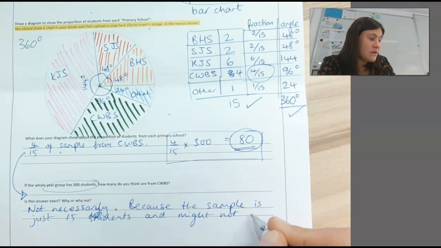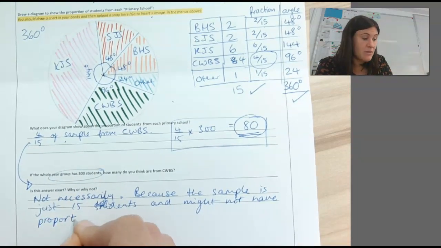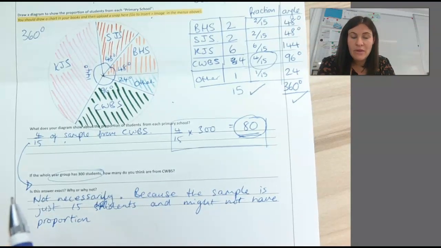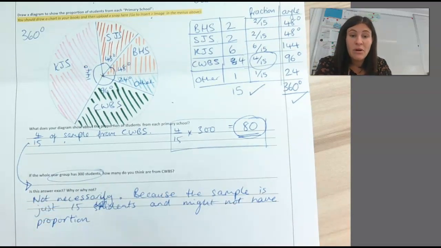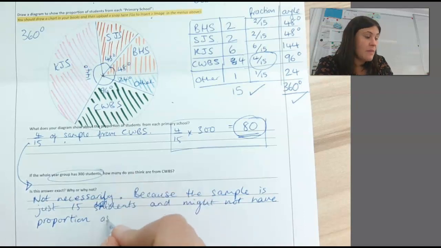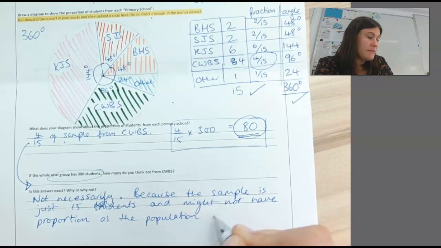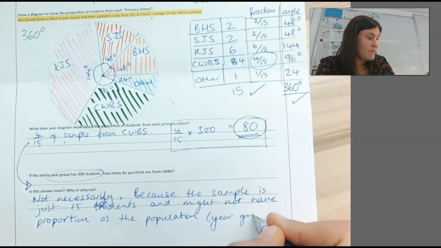Now, you don't have to put it in those exact words, but words that reflect the same idea, understanding that within a sample we can make estimates and we can say what's shown within that sample, but when we scale it up to the whole population, and the population here is the year group, it's not always going to be the same.